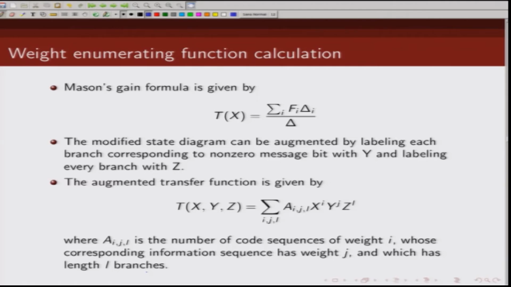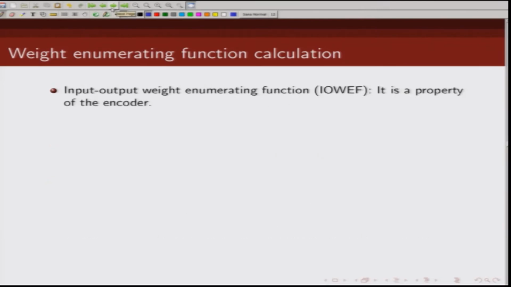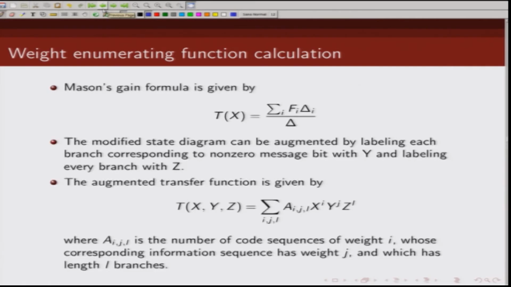By length I mean the time it diverges from the all zero state until it comes back to the all zero state. So, this is basically what we call the input output weight enumerating function, because this function is enumerating for what input you get what output. Okay.